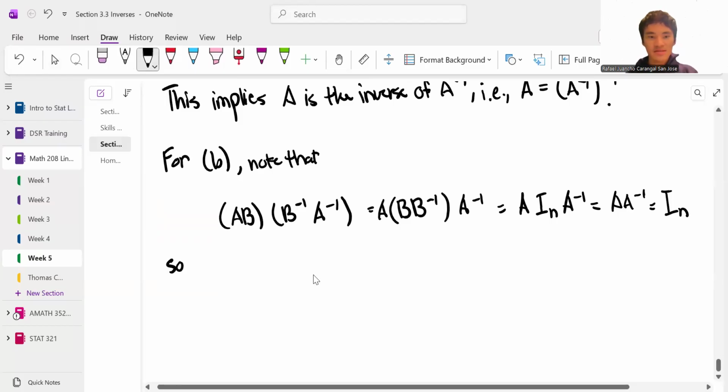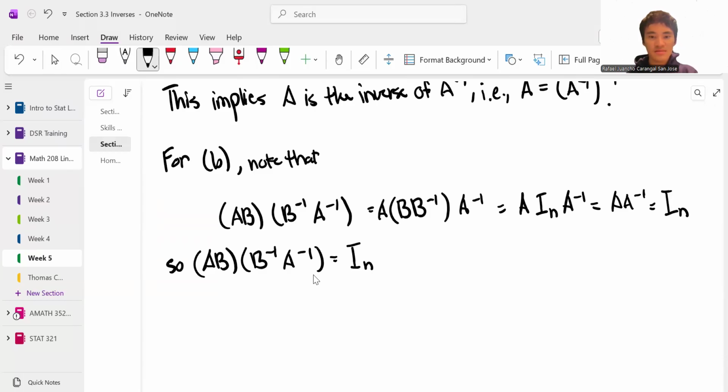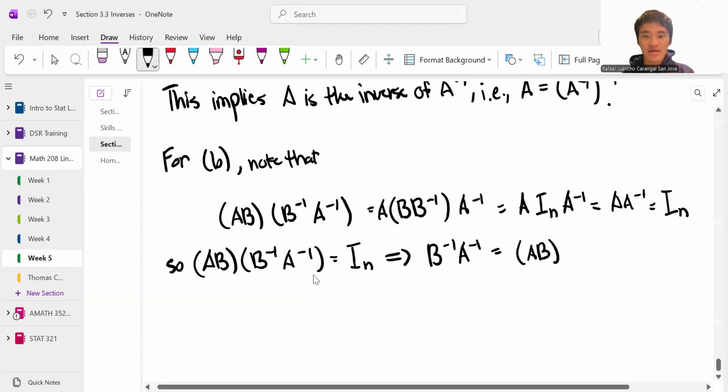So we say that AB times B inverse A inverse is I sub n. And a way to write this is we can say B inverse A inverse is the inverse of AB.